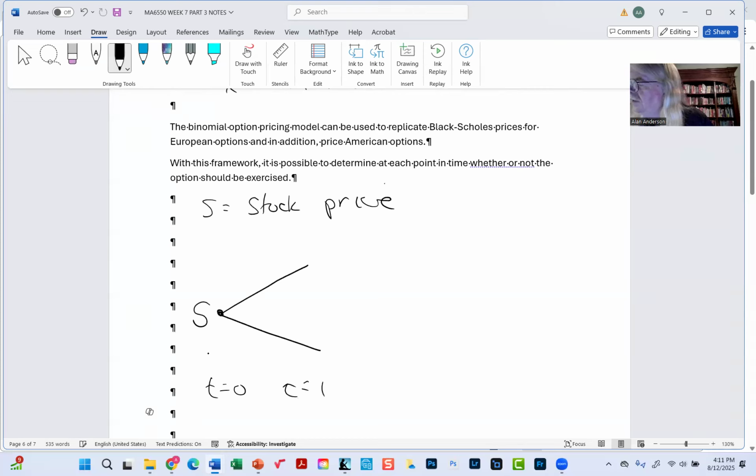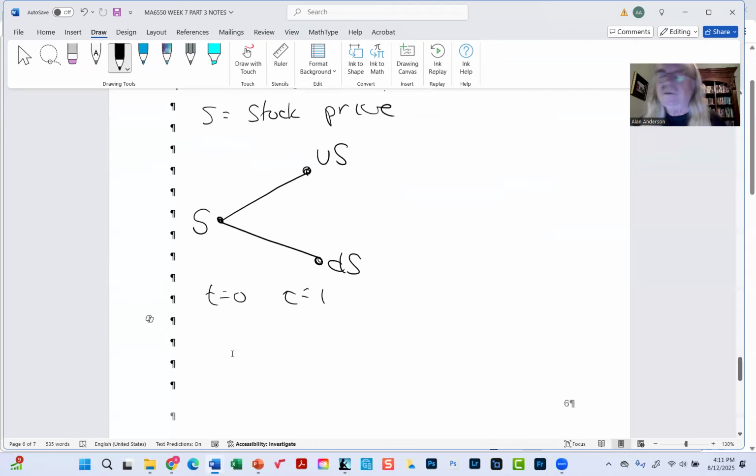That's all we have. If it goes up, it goes to a multiple of itself, US. If it goes down, it goes to a different multiple of itself, DS, D for down, U for up. And at least in the Cox-Ross-Rubinstein model, U and D are inverses, so that their product is 1.